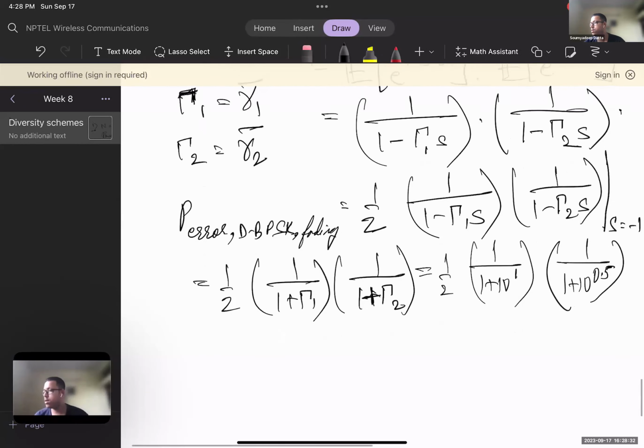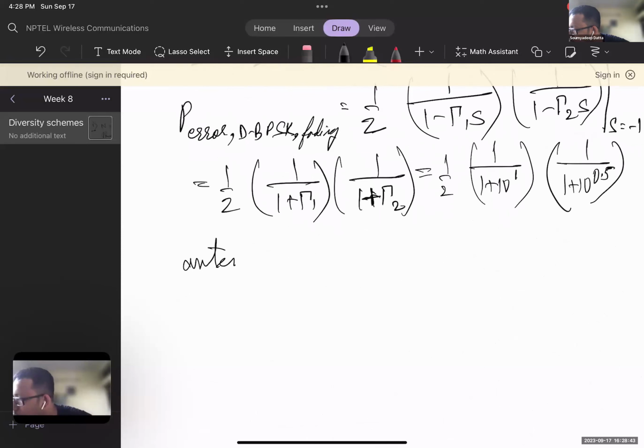So now Nakagami fading, what changes is, now let's say both antennas had Rayleigh fading here. Now you are told that the channel to antenna 1 has Nakagami fading, and antenna 2 has Rayleigh fading, right?